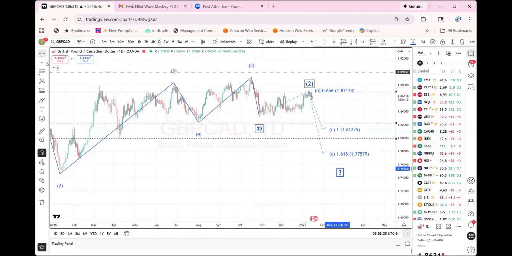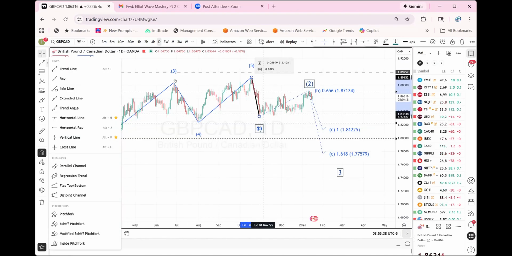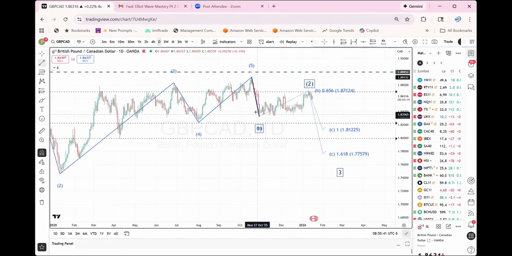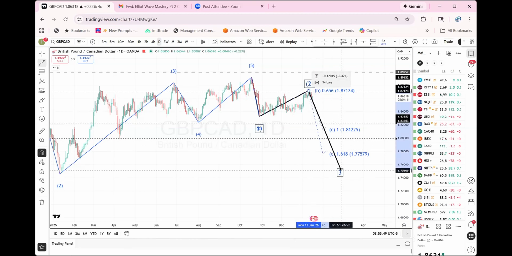So if you draw out this pattern, this is my 1 to 2, 2 to 3, and then the 3 wave will come somewhere right here, which is retesting this right there.